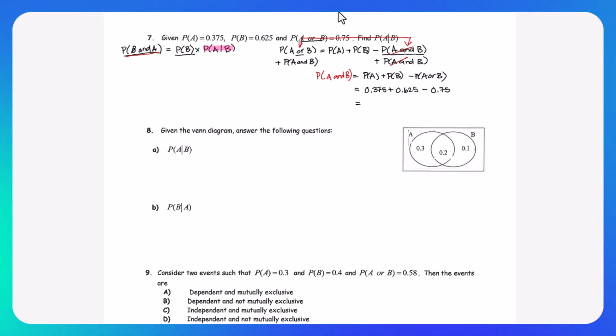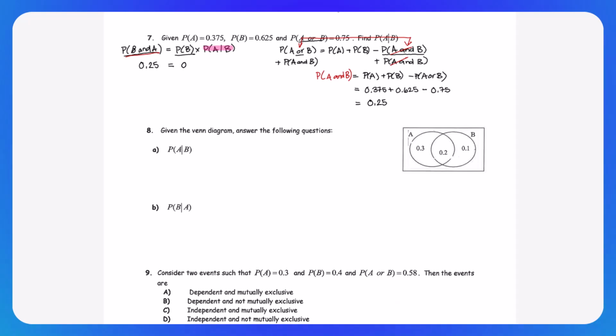Now, when we put all of that into the calculator, we get 0.25. So now we have the probability of A and B. We can go over here and substitute it in. Now, before I manipulated the formula, if you want to do that, go right ahead, or we can just put in the numbers and then manipulate. So I can say this is 0.25.